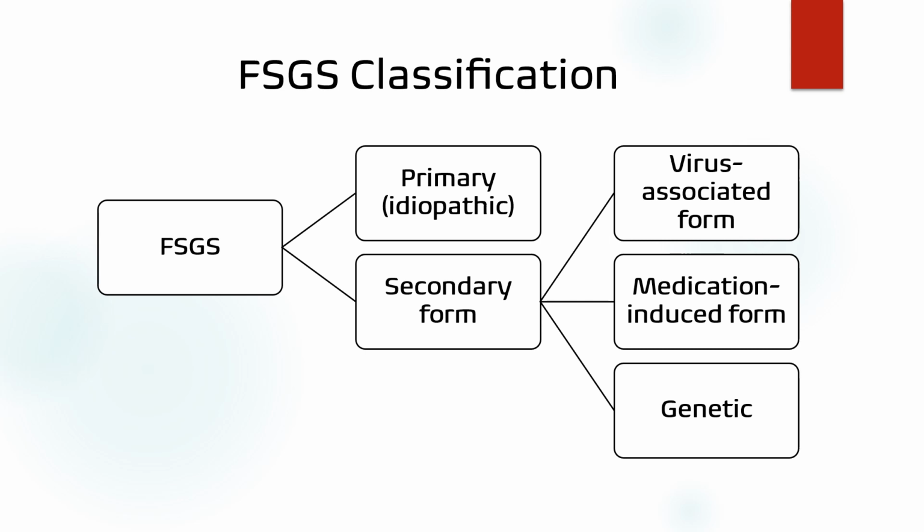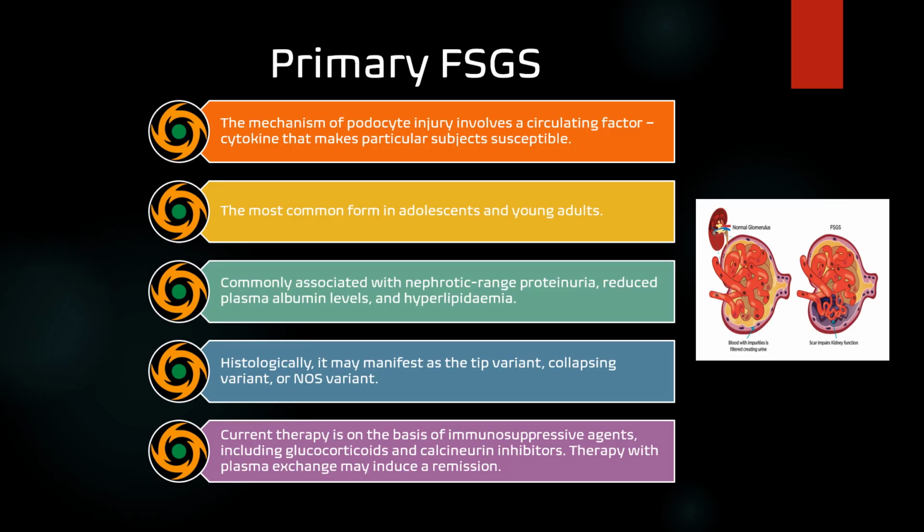And from the secondary form, there can be a virus associated form that links to that, and it can also be a medication induced form, and perhaps more troublesome is the genetic basis of FSGS.